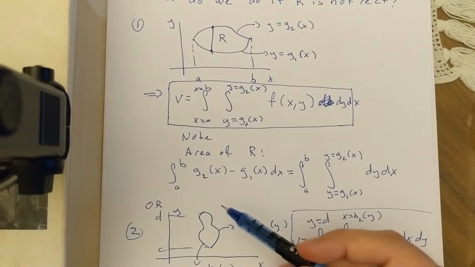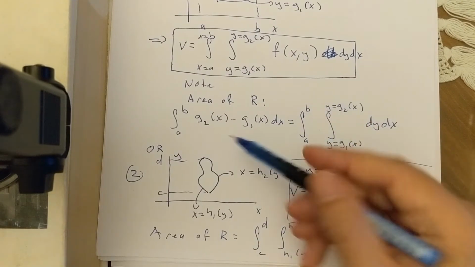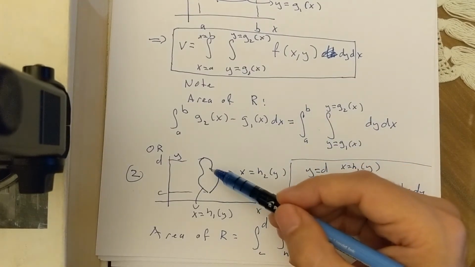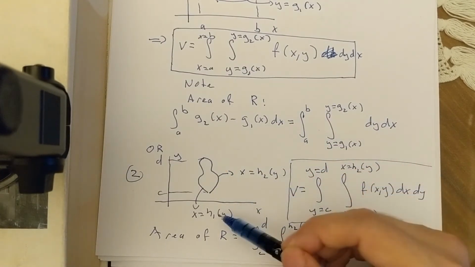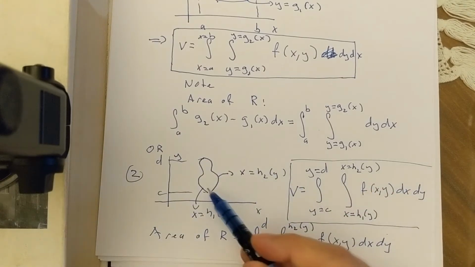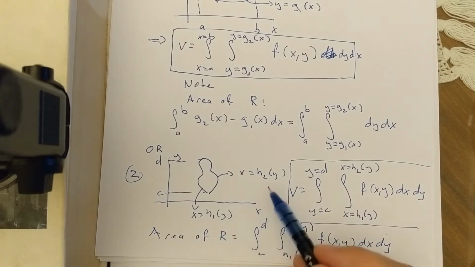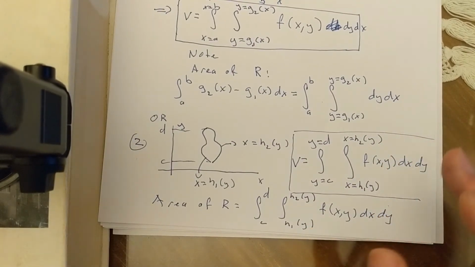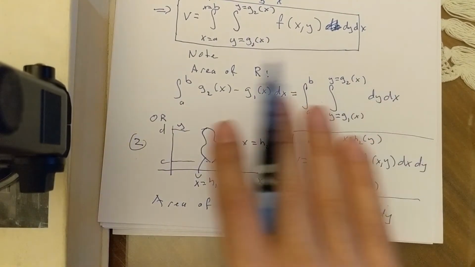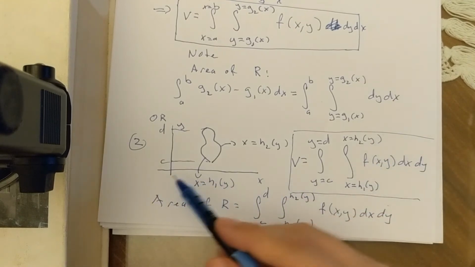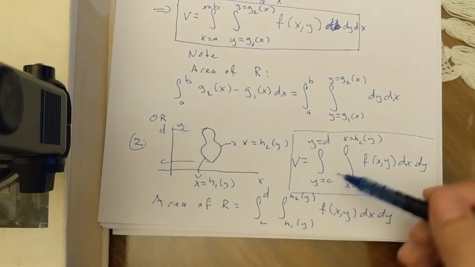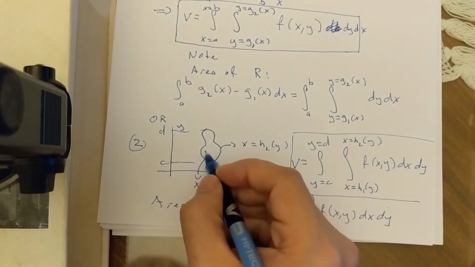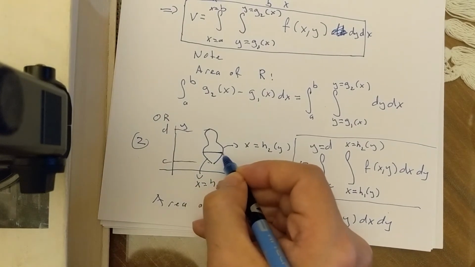Now we could also do the same if the region that we had was not horizontal like this, but was like this. Now x is described in terms of functions of y. So the left side is h1 of y and the right side is h2 of y. If I'm trying to calculate the volume, y is ranging from c to d, and this time I'm taking horizontal elements.